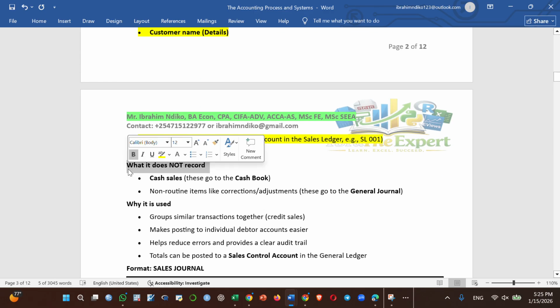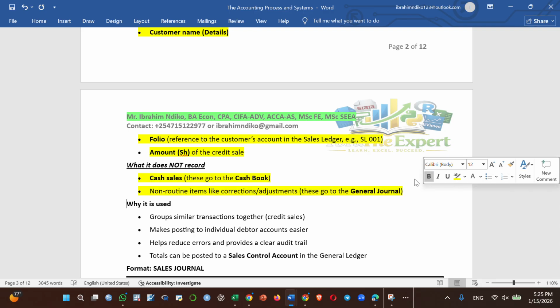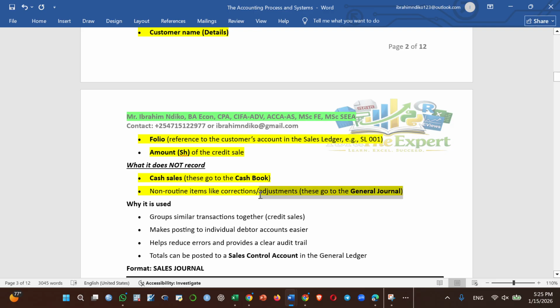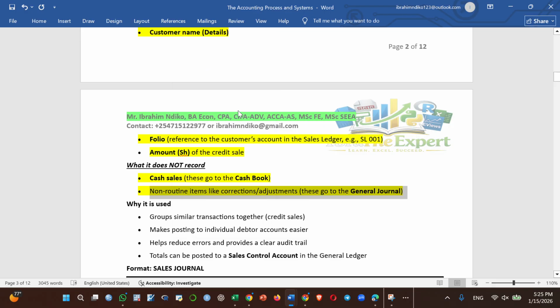Let us see what it does not record. It does not record the cash sales. So any sales that were not made on credit go to the cash book. It also does not record the non-routine items like corrections or adjustments. The same applies to the purchase journal. So the purchase journal also does not record these non-routine items.